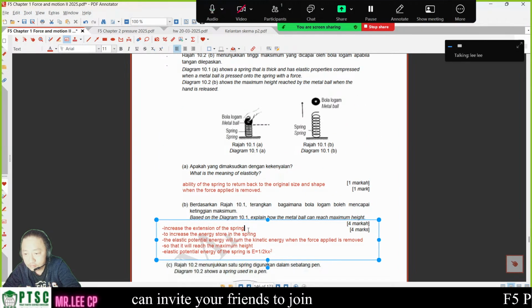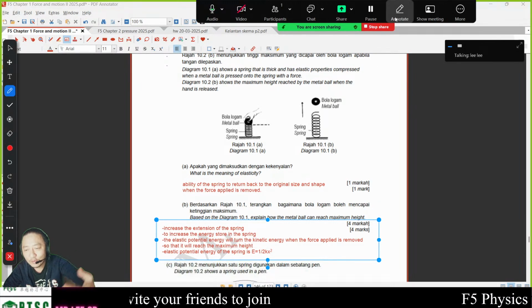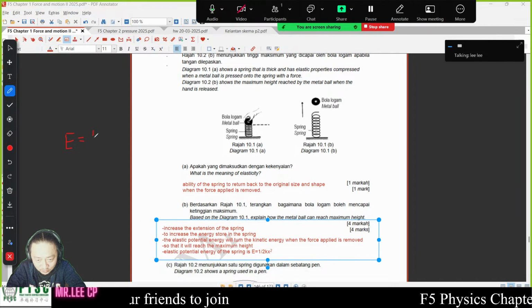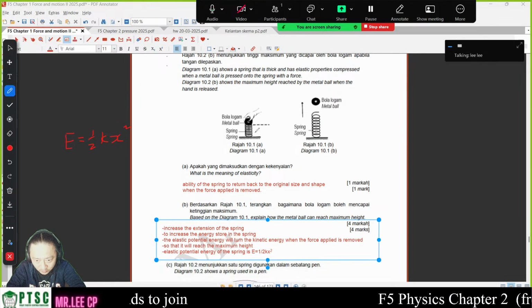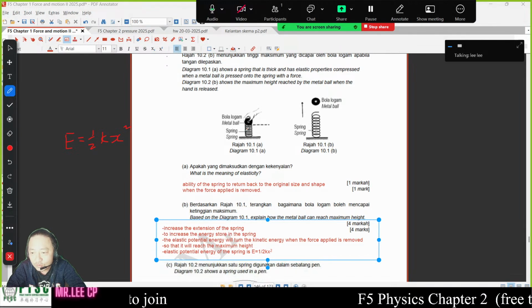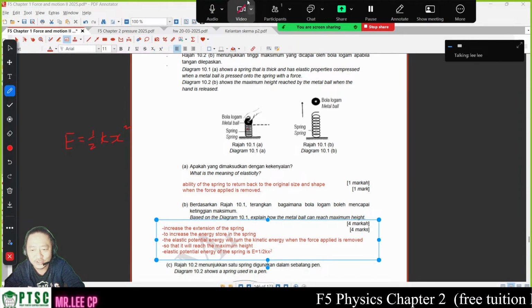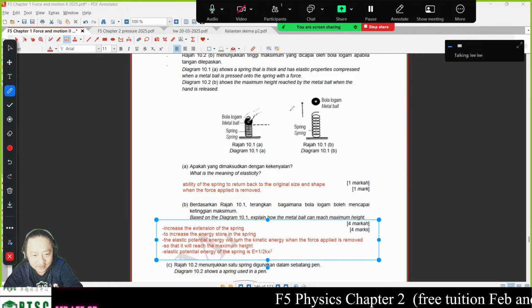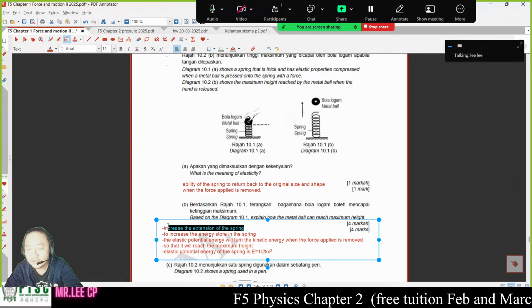So the one that I want is just now. What I explained is energy is equal to half kx squared. So I said these two, the spring, it is the same. You don't want to change, but they want to change for this case. So now you cannot increase the extension only. So my answer, it is not given in the answer.